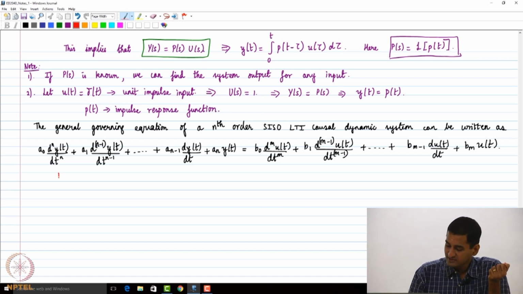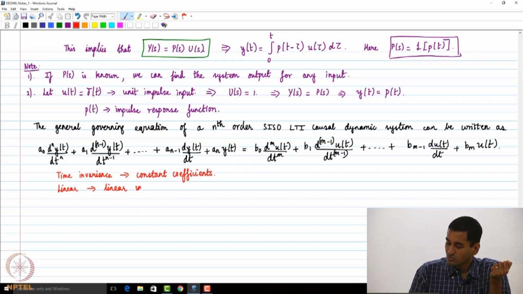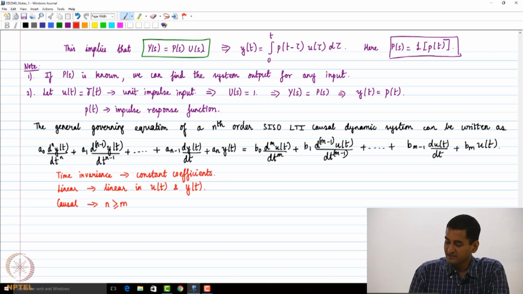What class of systems are we looking at? Time invariance is reflected by the fact that we have constant coefficients in the above equation. The fact that it's linear, because the above equation is linear in u(t) and y(t) and the derivatives of these variables. And causality is reflected by the fact that n is greater than or equal to m.